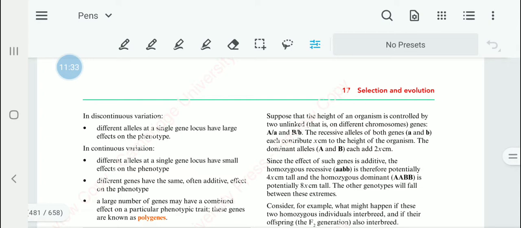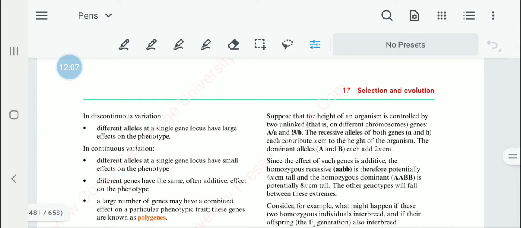Now, if you say that an organism's height is controlled by unlinked genes, that is on different chromosomes, genes on two different chromosomes, capital A, small a, and capital B, small b. So the recessive alleles, small a and small b, will each contribute x centimeters of height to the organism. The dominant alleles will contribute 2x centimeters.